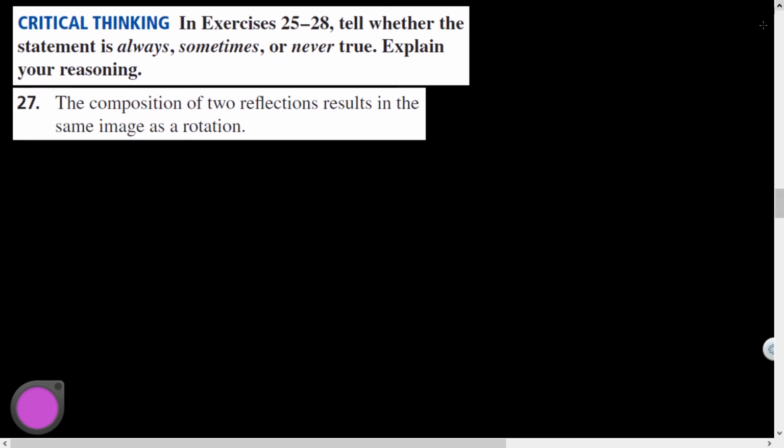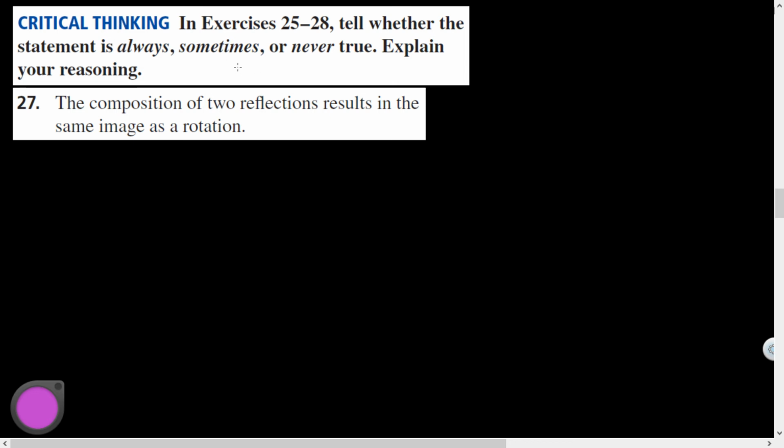It says, tell whether the statement is always, sometimes, or never true. Explain your reasoning. So 27, the composition of two reflections results in the same image as a rotation.